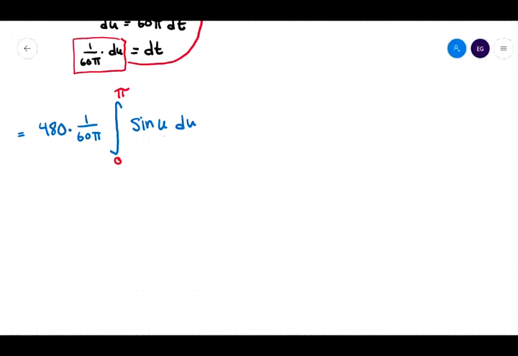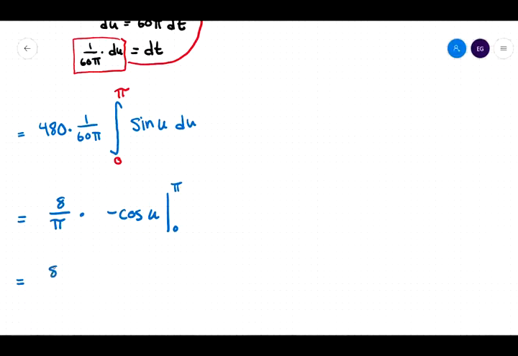Okay, so 480 times 1 over 60 pi should give us right about 8 over pi. So we have 8 over pi times the antiderivative of sine, which is the negative of the cosine function, and we evaluate that from 0 to pi.